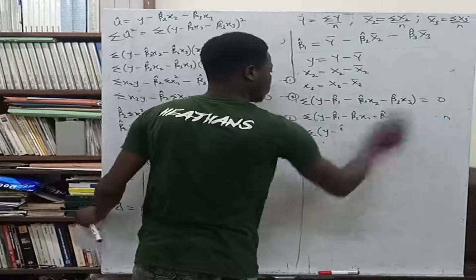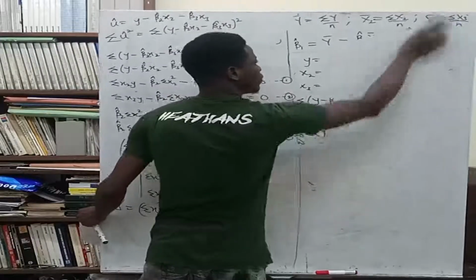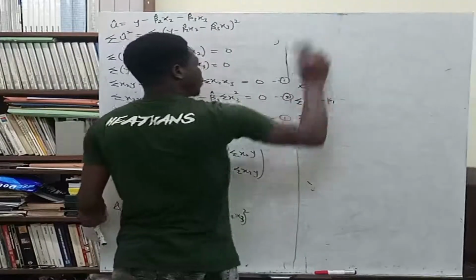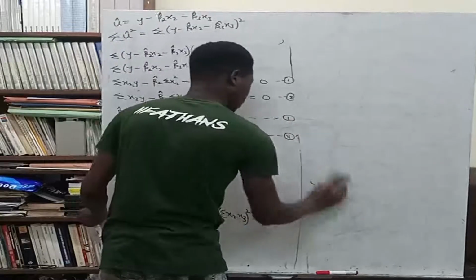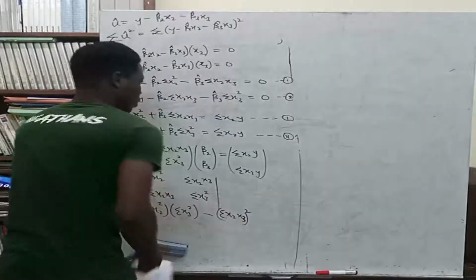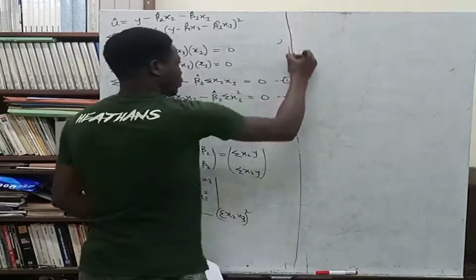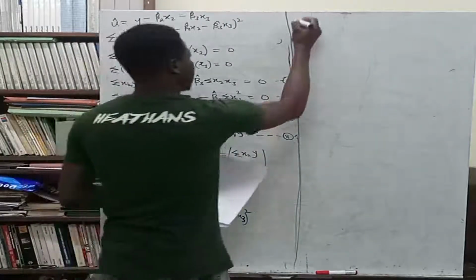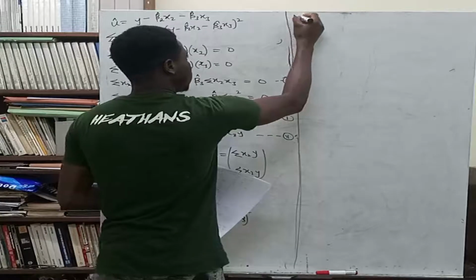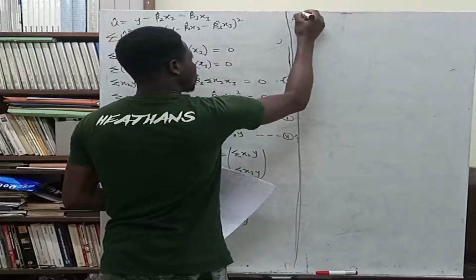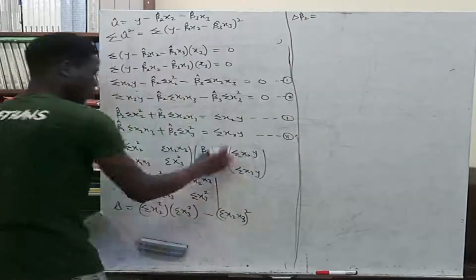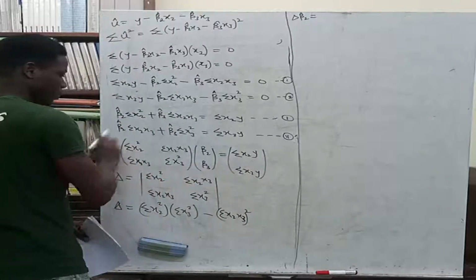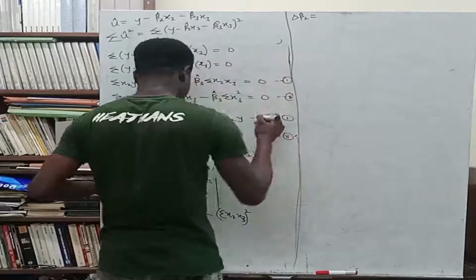The next step is to get the determinant for beta 2 hat, and to do that we replace the first column with this.